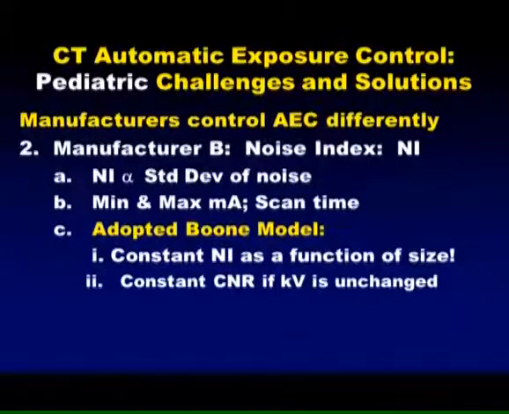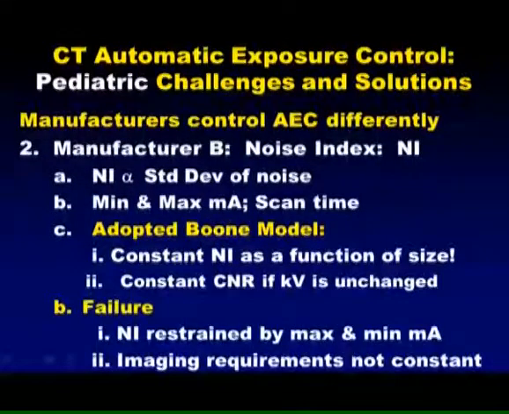If I use the same noise index, essentially my contrast to noise ratio will roughly be the same. Not exactly, because my contrast is changing between my newborn and my adult, but my noise in the denominator obviously would be the same if my noise index is the same, because that's what it's trying to do. Okay? So obviously this fails.